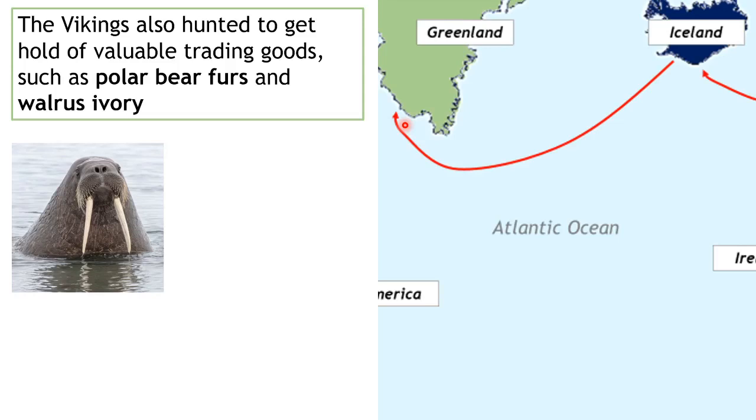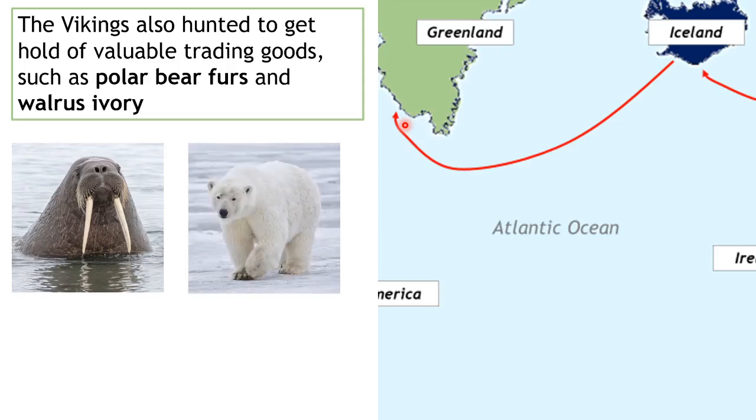The other exciting resident of Greenland was the polar bear. Just like the walrus, the polar bear is huge and quite scary, and must have been quite difficult to hunt with spears and swords and so on. But hunt it, the Vikings did, and one thing we know about polar bears is they've got really thick fur, and that fur must be very warm, right? Because they spend all their time in the ice.